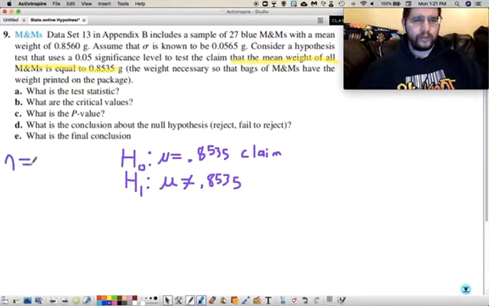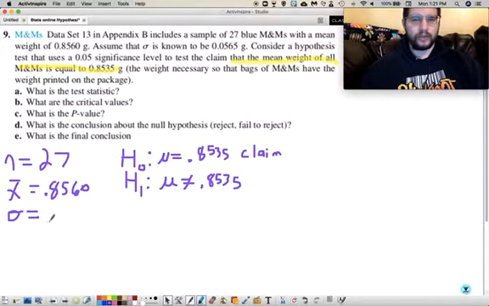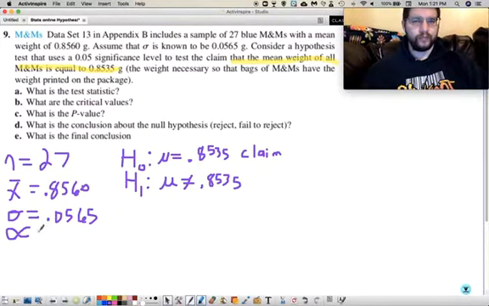Let's write down our information. N is 27. X bar is 0.8560. Same sigma here, 0.0565. Alpha, again, is 5% significance.